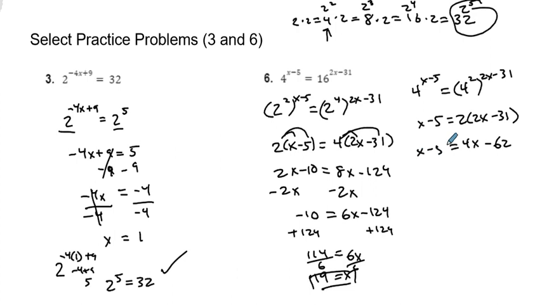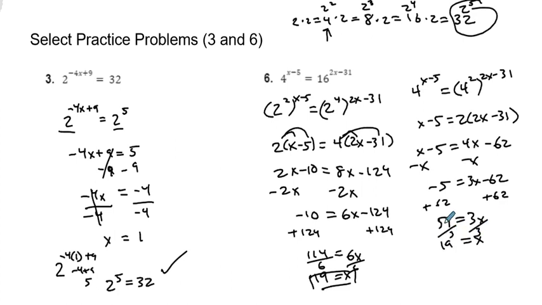Move x over, so you get 3x minus 62 is equal to negative 5. Add 62 to both sides, and you get 57 is equal to 3x, and then x is equal to 19 when you divide both sides by 3. So they work out pretty nicely.